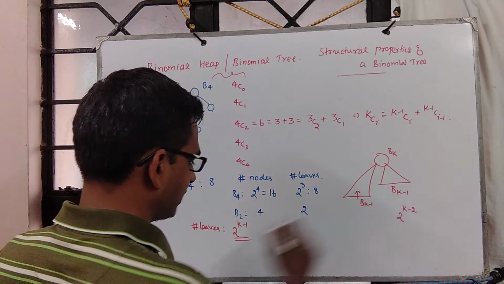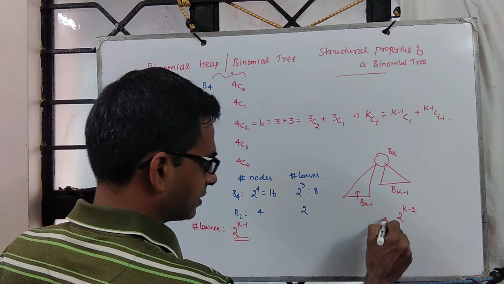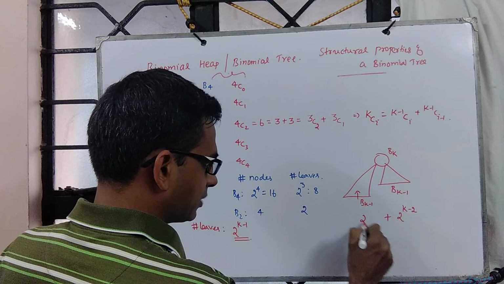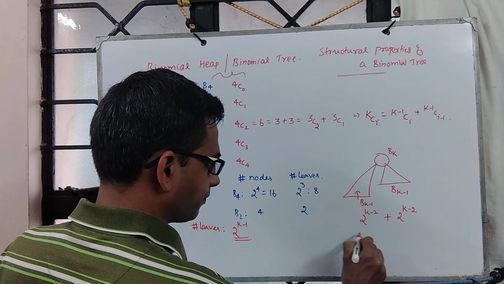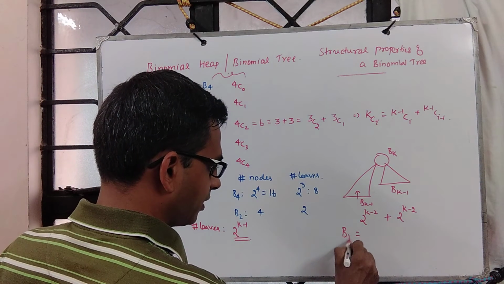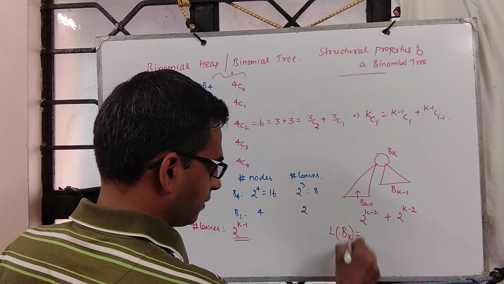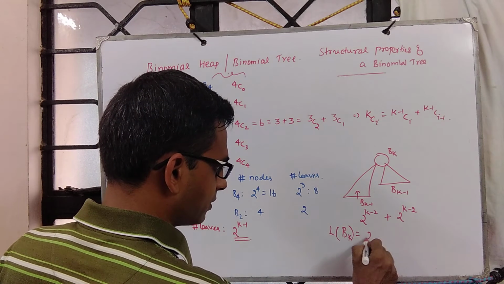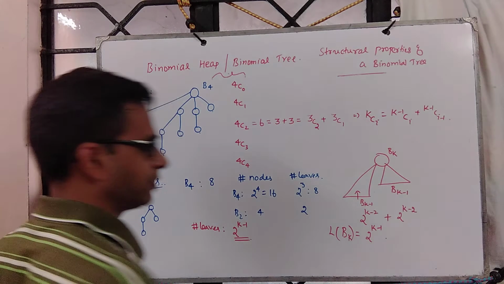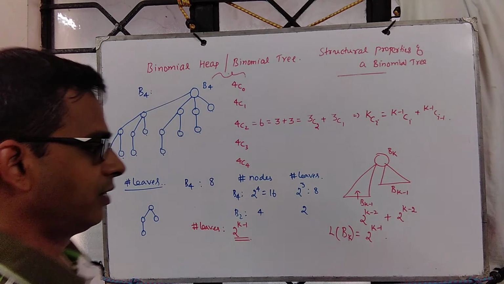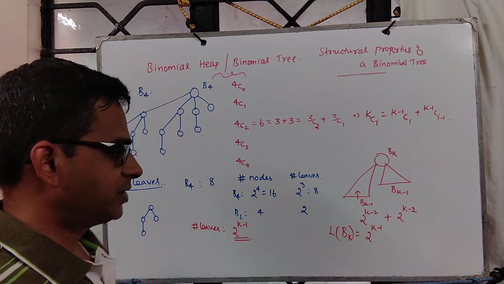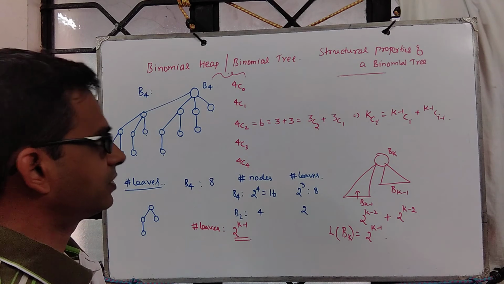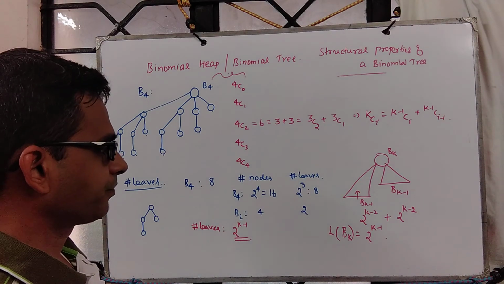With respect to k, it is k minus 1; with respect to k minus 1, it is this. So this one has got 2 power k minus 2, which means number of leaves with respect to bk is 2 power k minus 1. Fine, so we have observed some nice structural properties.